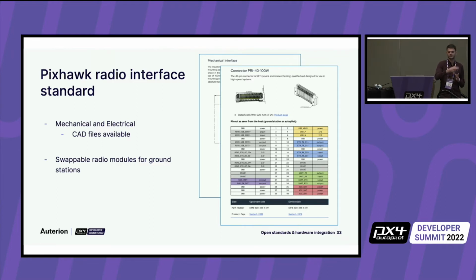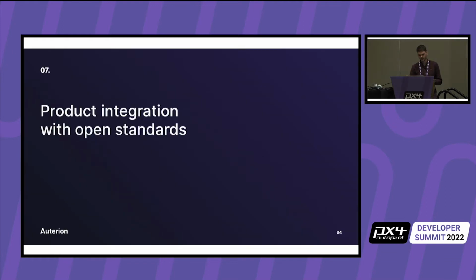So you can plug in other radio modules to control different drones with the same ground station. If you're a ground station vendor, adopting that allows your ground station to be used more widely. If you're a radio vendor, adopting that allows you to use your radio on more ground stations. It's that easy.